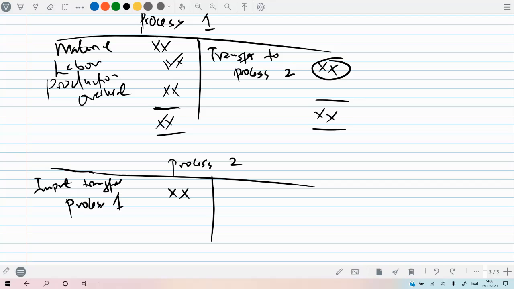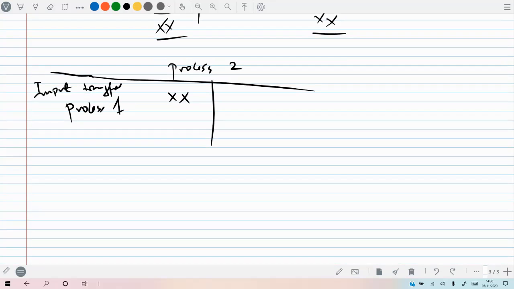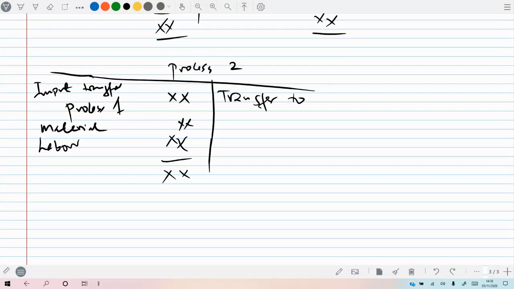Then in process two, you may add more material, so material added, cost of material, cost of labor incurred so far. If the production doesn't stop there, we then transfer the material on to the next process, process three.